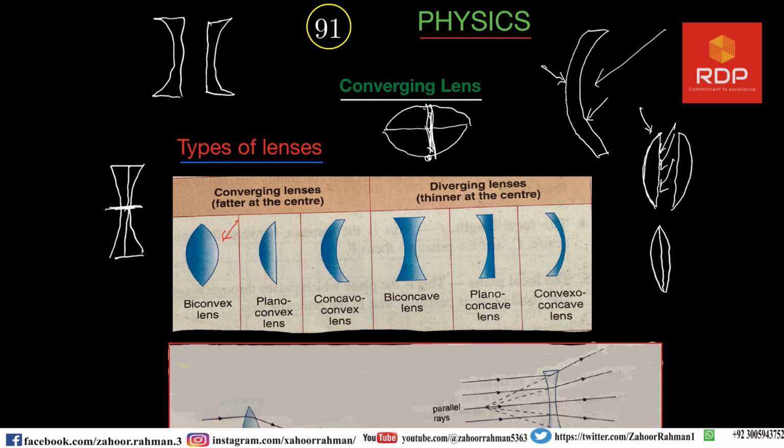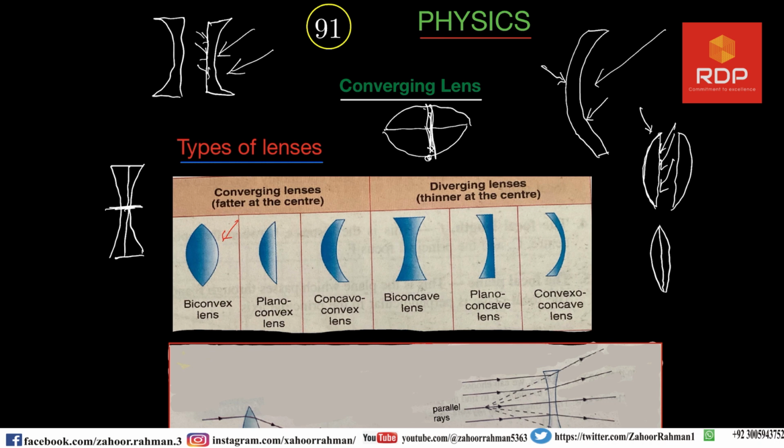Now the second type of lens in this regard is the plano-concave lens, just like this one. One side is plane and the second side is concave, so that is why it is known as a plano-concave lens. Now the third type is convexo-concave.